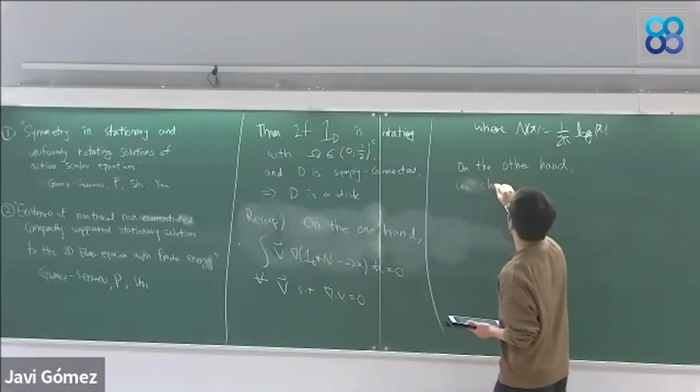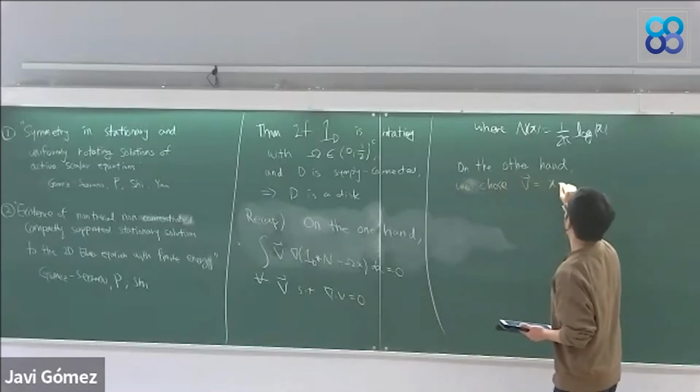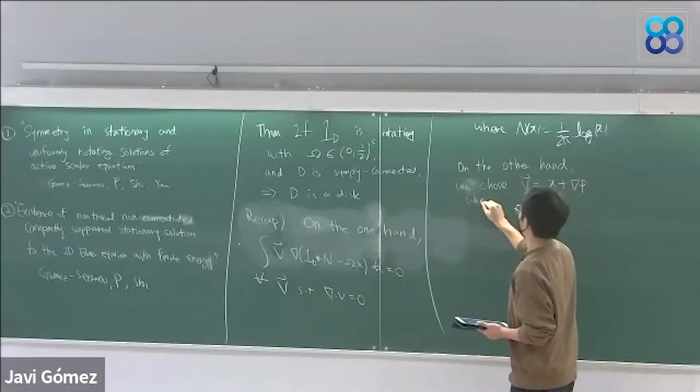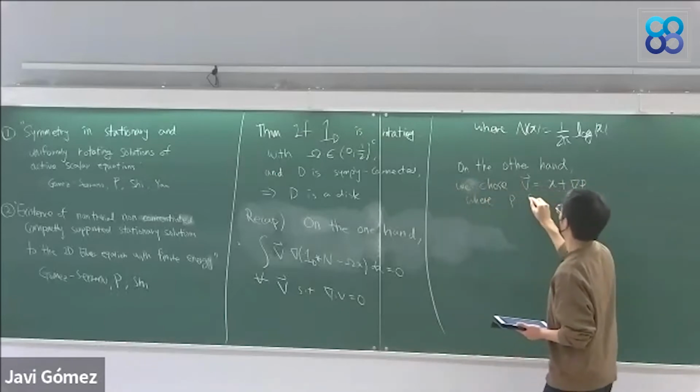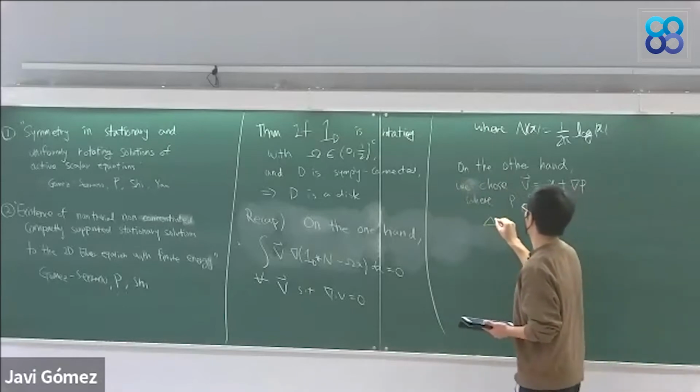But on the other hand, we chose a specific vector b to be x plus gradient p, where p is a solution to the following elliptic equation.